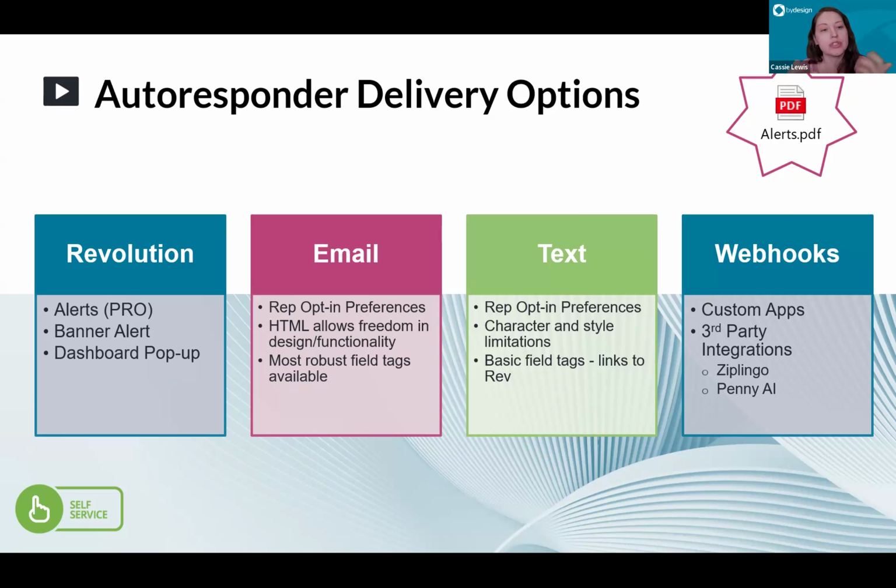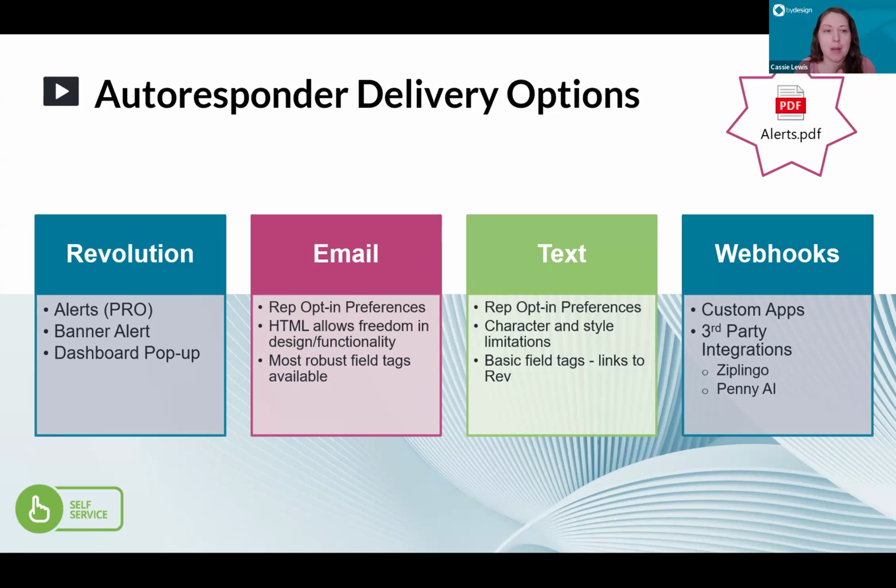You may choose to use either the banner alert, which is a banner at the top of their homepage, or the pop-up, which is literally a pop-up. You can use it for anything as simple as birthday or anniversary recognition to, you could go so far as to use the bonus-based alerts, as you get closer to the end of the month, letting them know how far they are from the next rank.